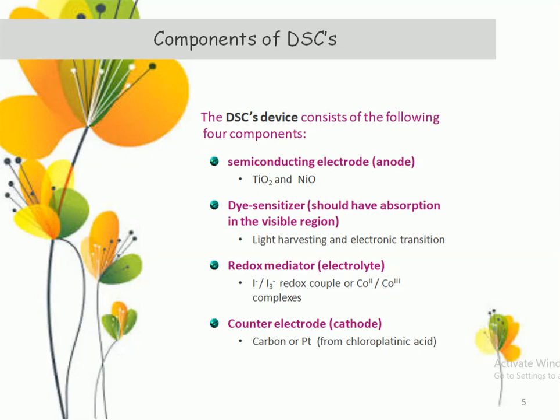And then the dye sensitizer, which should have absorption in the visible region, since the semiconducting electrode does not absorb visible light. The semiconducting electrode absorbs in the range of UV only, that is 200 to 400 nanometers. Hence we require a dye molecule which has visible absorbing capacity, since sunlight, that is solar energy, is visible light.